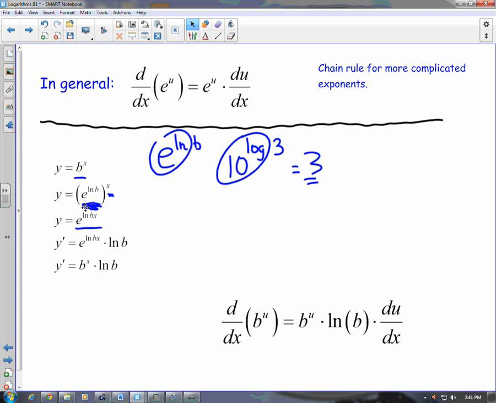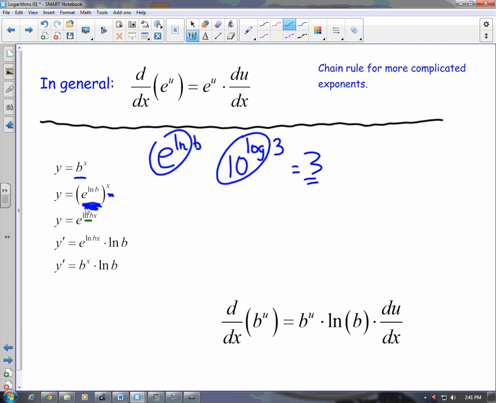Now, here's the thing. This natural log of b piece up there, that's just some number.